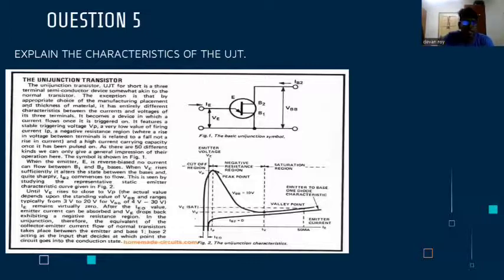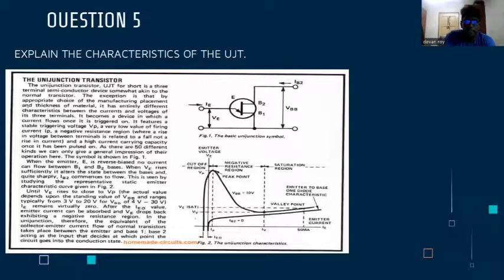The actual value is typically from 3 volts to 20 volts for a VBB of 4 volts to 30 volts, so the current remains virtually zero, at the IEO current value. Emitter current can be increased by VE, then voltage drops back, exhibiting a negative resistance region in the unijunction.